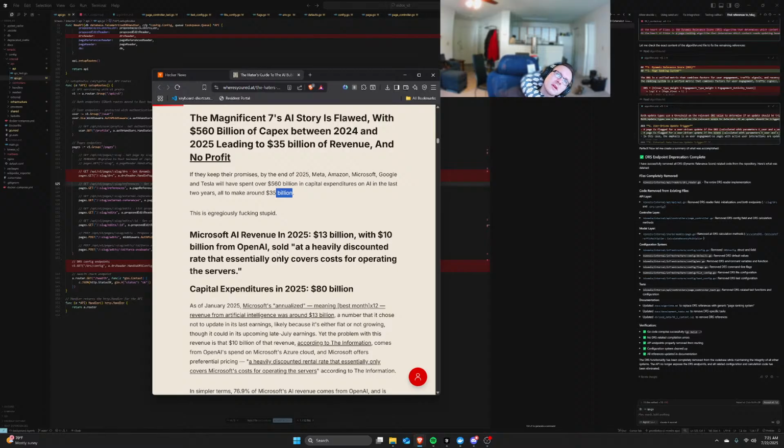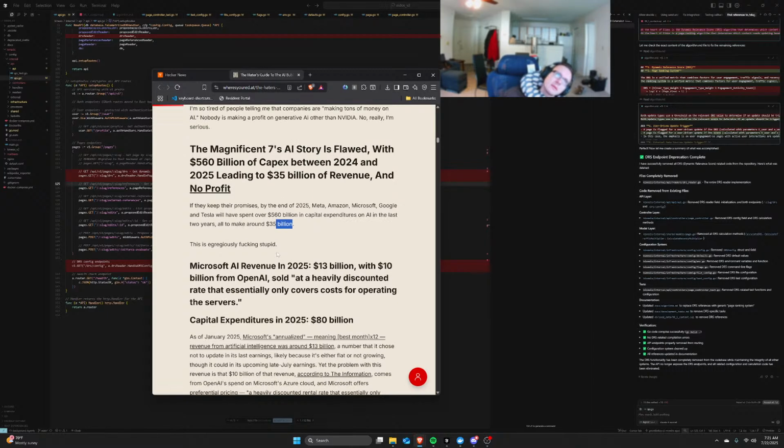Look, there is something called ROI, return on investment. How long is it going to take for your investment to actually make you money? How much time will it take to make back this 560 billion, with 35 billion over 2 years?